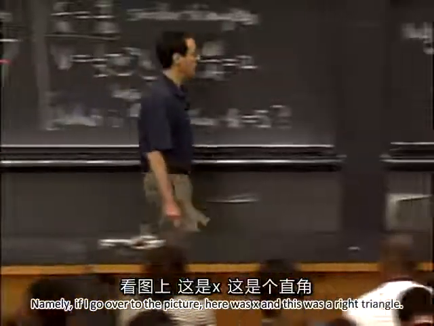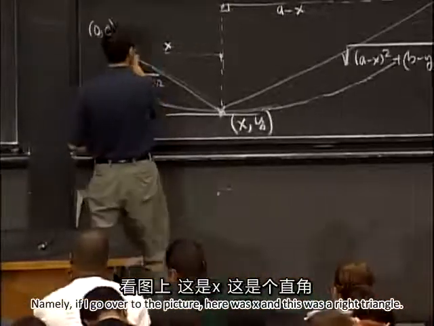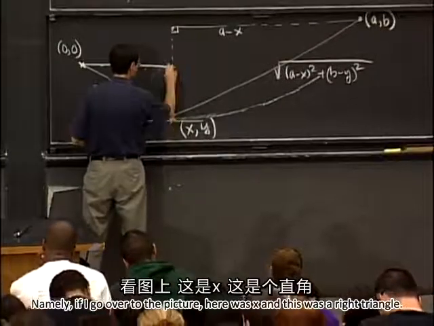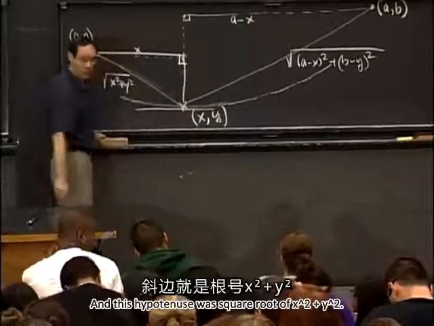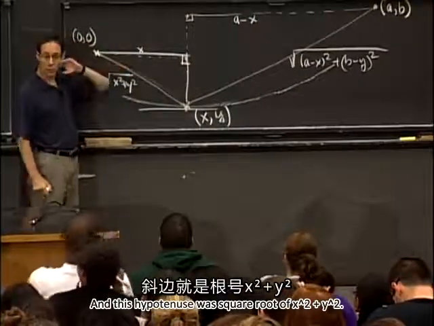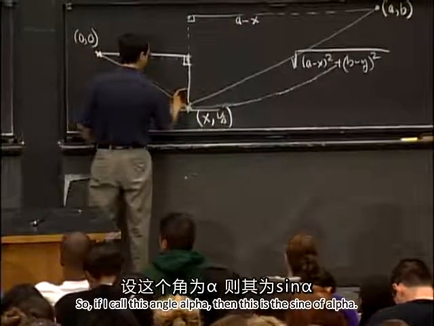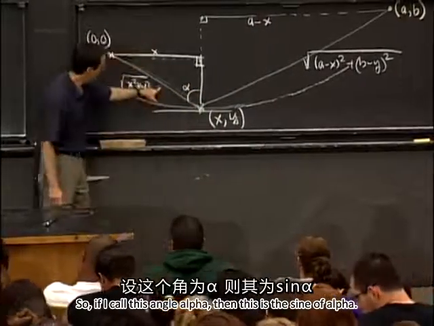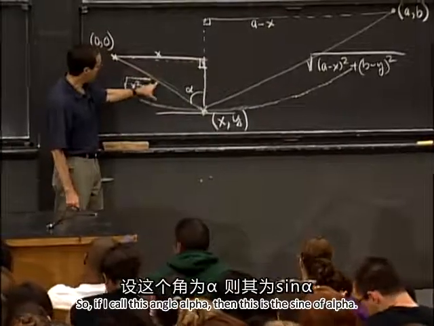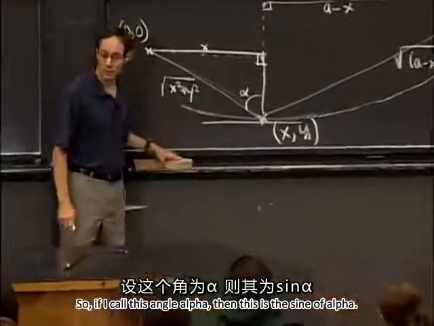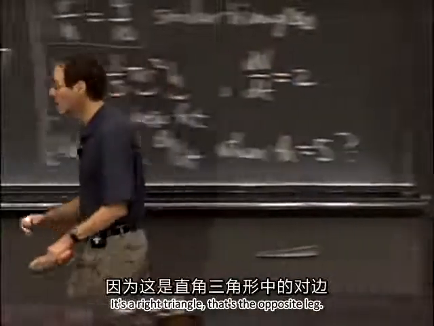Namely, if I go over to the picture, here was x, and this was a right triangle, and this hypotenuse was the square root of x squared plus y squared. So if I call this angle alpha, then this is the sine of alpha. All right? It's a right triangle. That's the opposite leg.